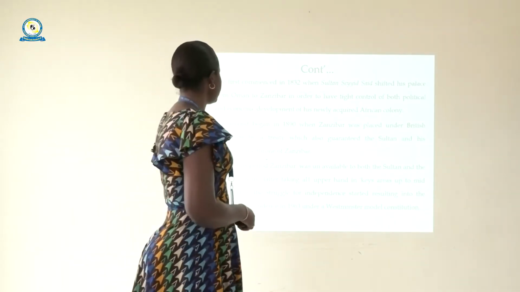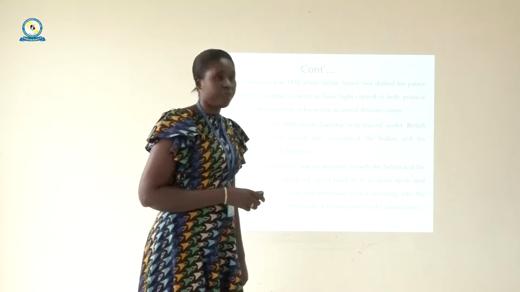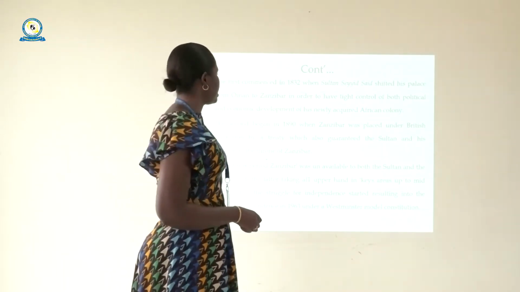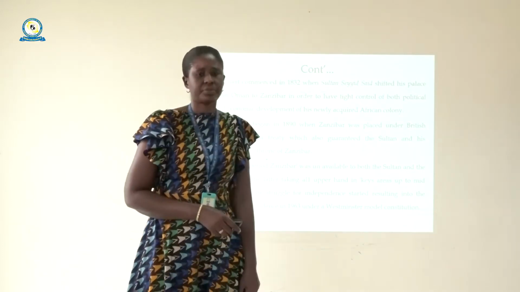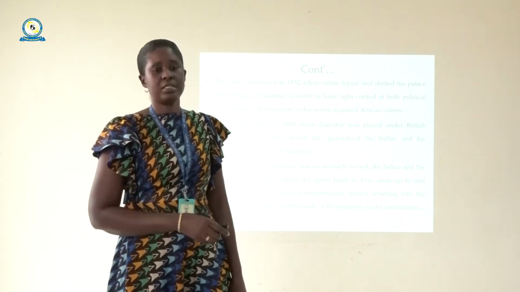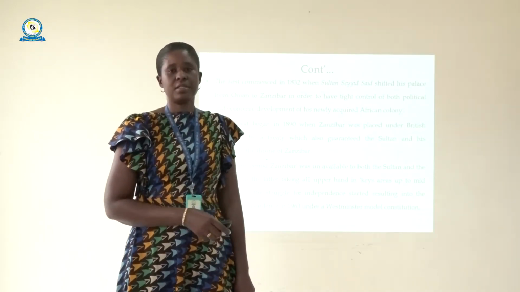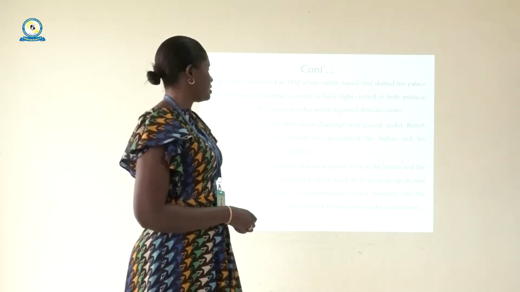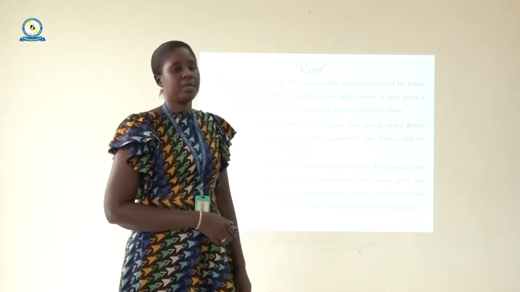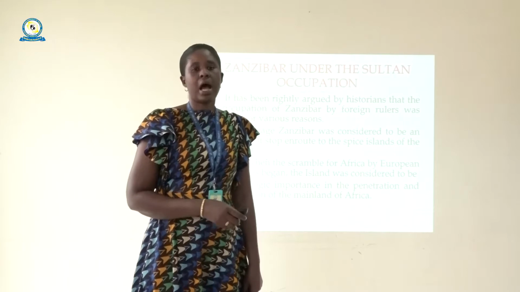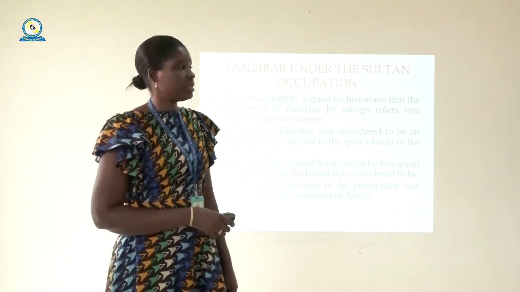The second phase is of 1890, where Zanzibar was placed under British protection. And last but not least is the third phase, which we observe in the 1950s, where the struggle for independence began. Let's see how the situation was under the Sultan's occupation.